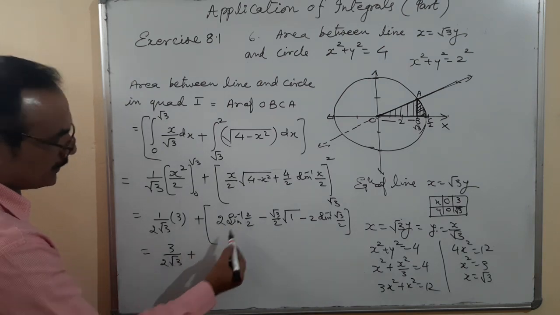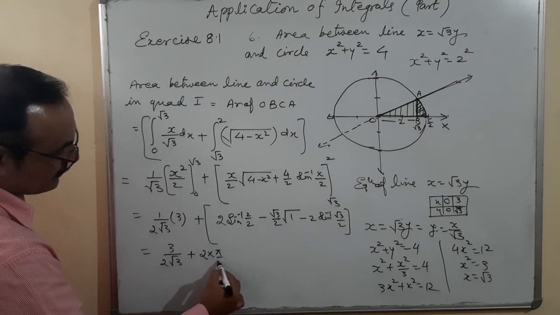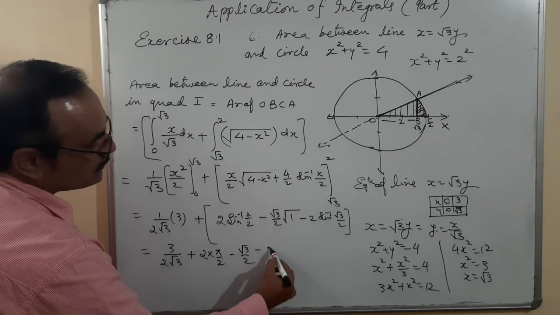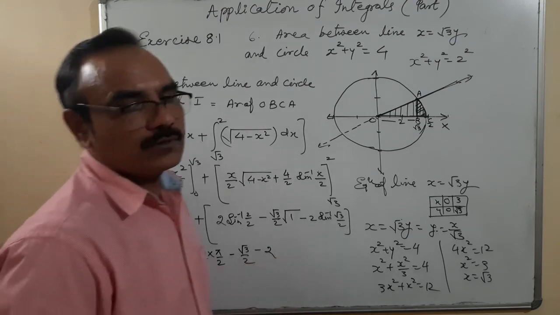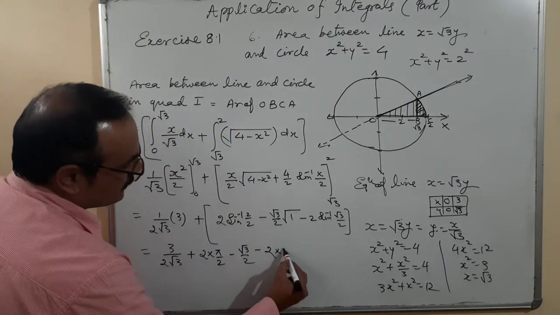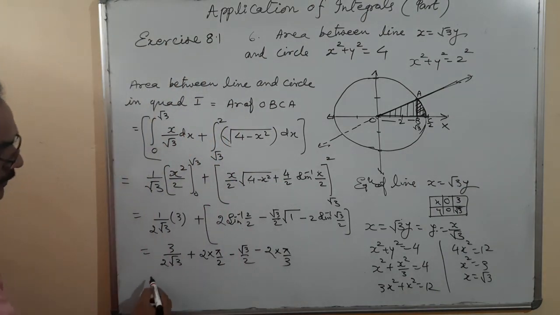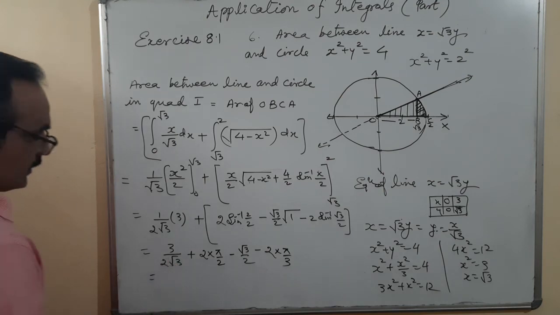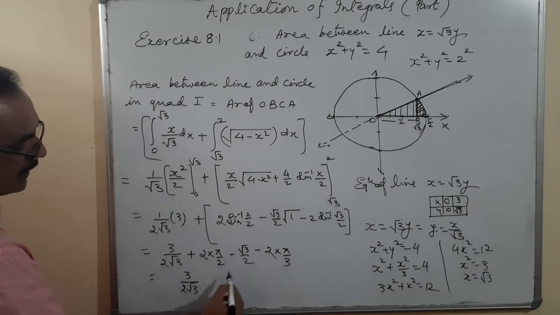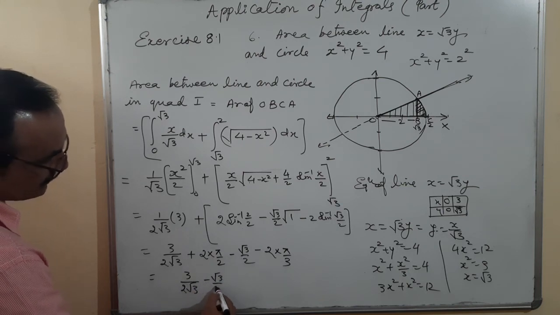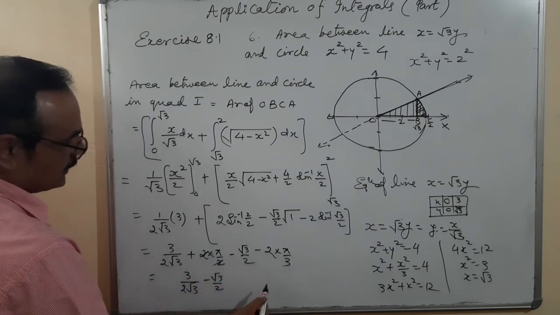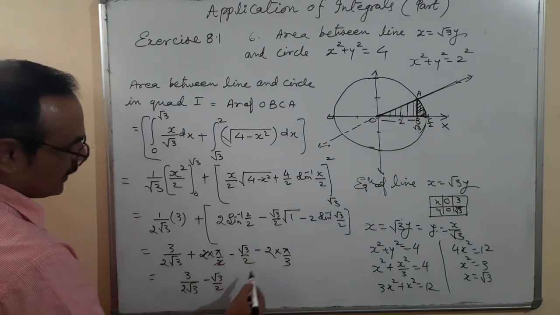So 2 into pi by 2 minus root 3 by 2 minus 2 sine inverse root 3 by 2. Root 3 by 2, that means pi by 3, sine 60. Pi by 3. Okay. So it is coming 3 upon 2 root 3 minus root 3 by 2, pi, 2 cancel, pi minus 2 pi by 3. So 3 pi minus 2 pi, pi by 3.